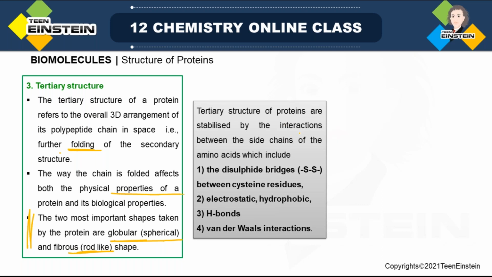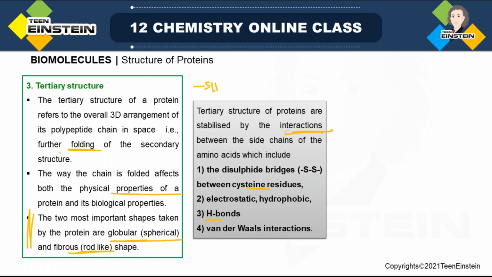So tertiary structure of proteins is stabilized by different interactions between the side chains of the amino acids. Here you can see a total of 4 types of interactions. Hydrogen bond, that we have already seen, but some more interactions are possible. Suppose there is a cysteine residue, remember cysteine residue where a sulfur SH bond is present, and in this case a disulfide bridge is possible.